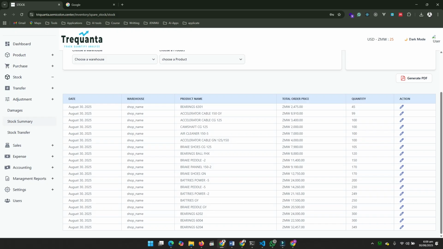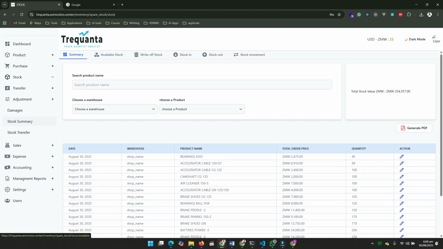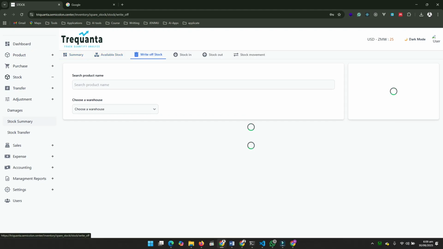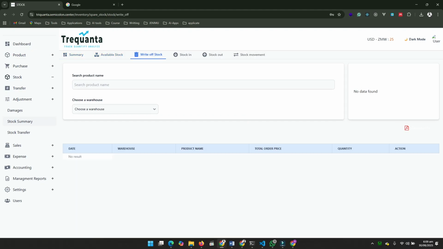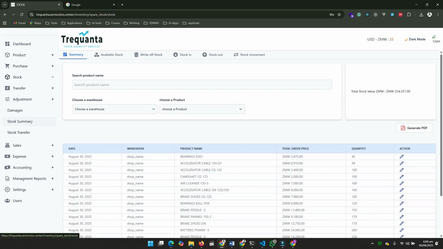Maybe you don't want it to appear in your stock because you are no longer interested in selling it and ordering it. You can remove it from your stock in order to clean your things, and you can still see those write-off stock. If you want, you can still put them back under your product you are managing.